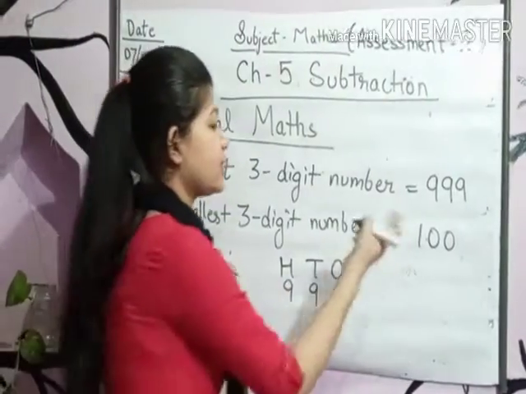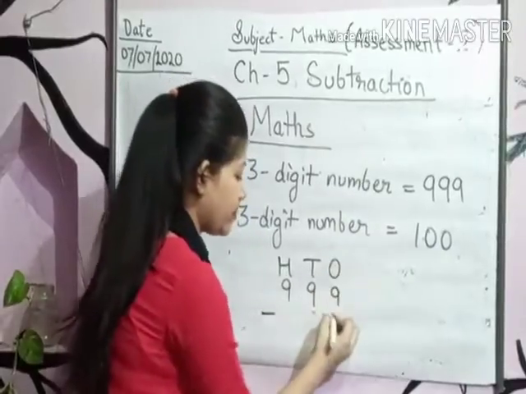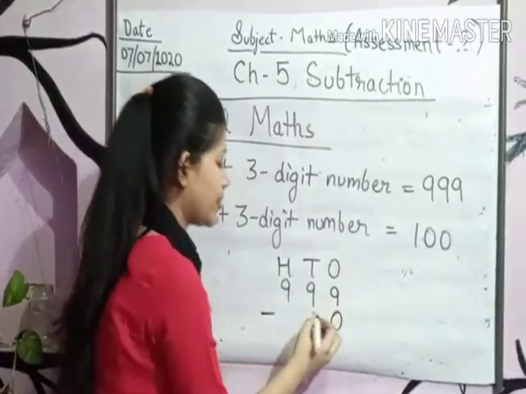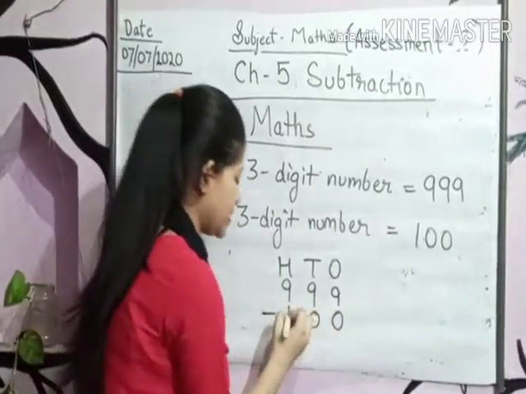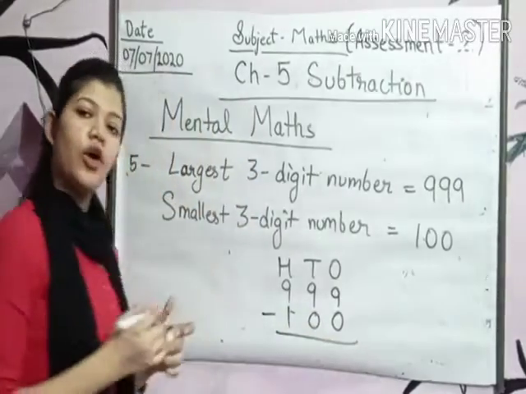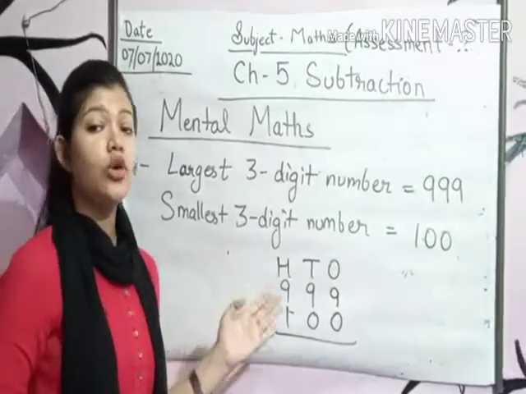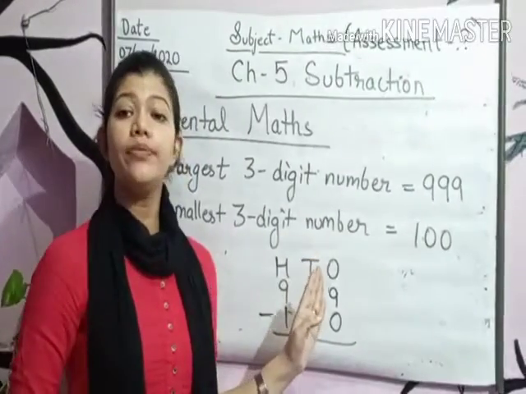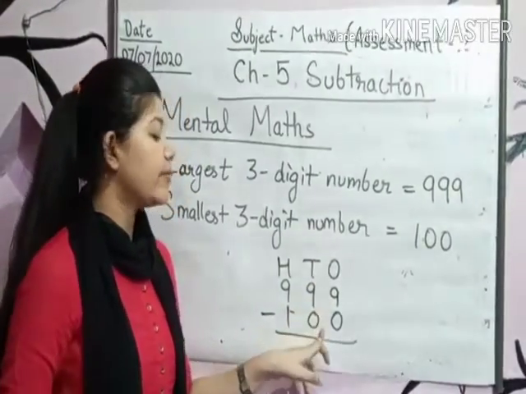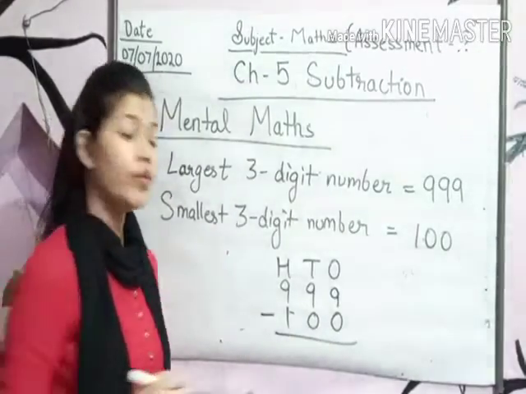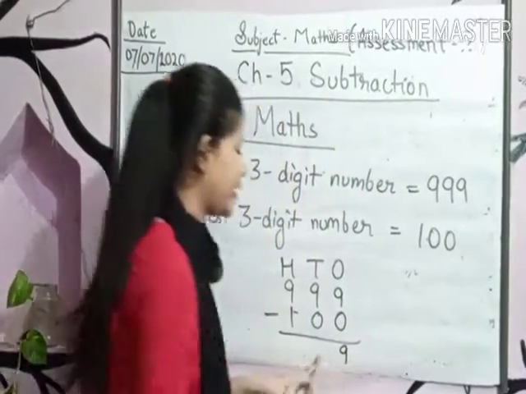Now number 100, where 0 will be placed at the ones place, another 0 at the tens place, and 1 at the hundreds place. Now let's find the difference. We will solve the ones column first. 9 minus 0 is equal to 9. So we will write 9 over here.